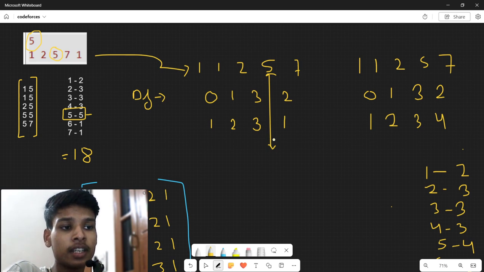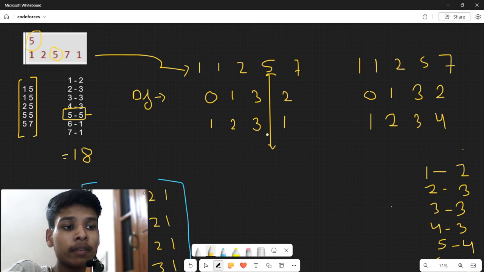So in my difference array, my number 5 came in this position. Now what I have to do is take a variable k and mark it as 1 here, and then increase it till the position of my 5 comes in. So I'll be increasing my number in this form. So here I will get 1 2 3.